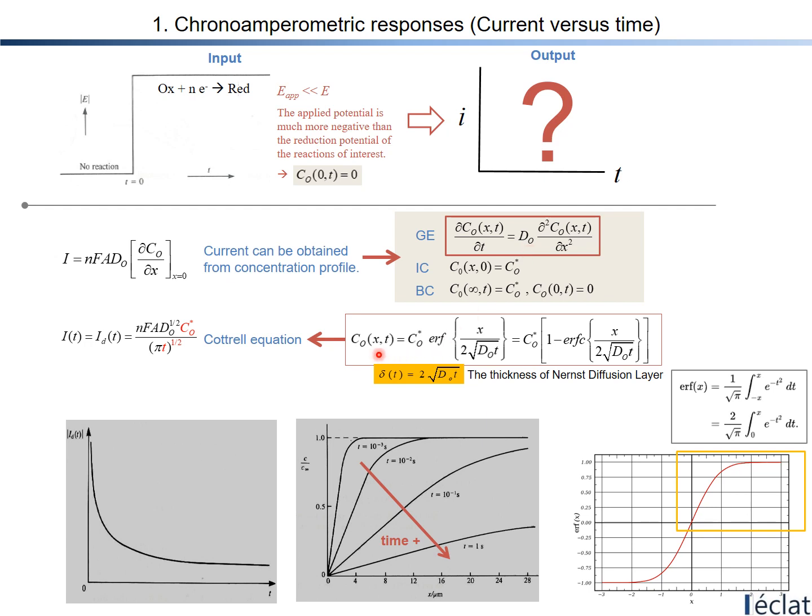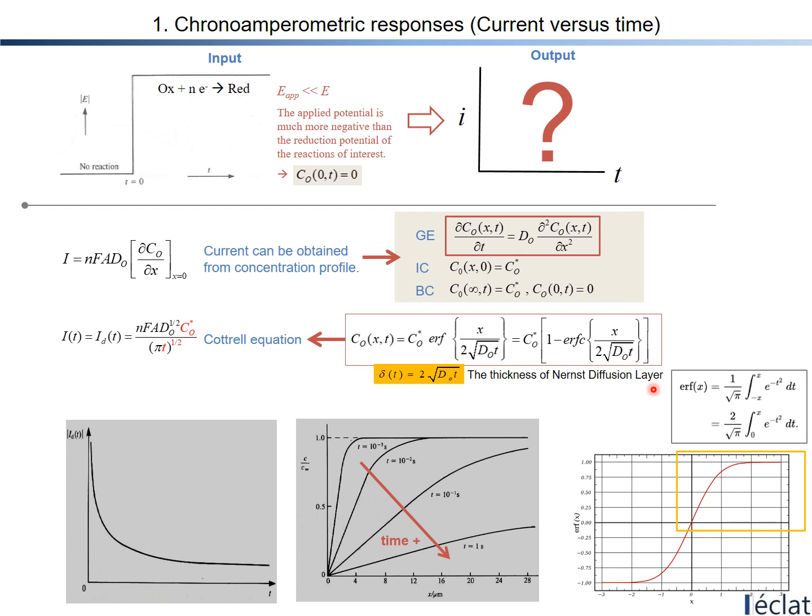The relative concentration of oxidized species with respect to the bulk concentration could be described by the error function of the ratio of x with respect to the thickness of the Nernst diffusion layer. Can you remember the Nernst diffusion layer?